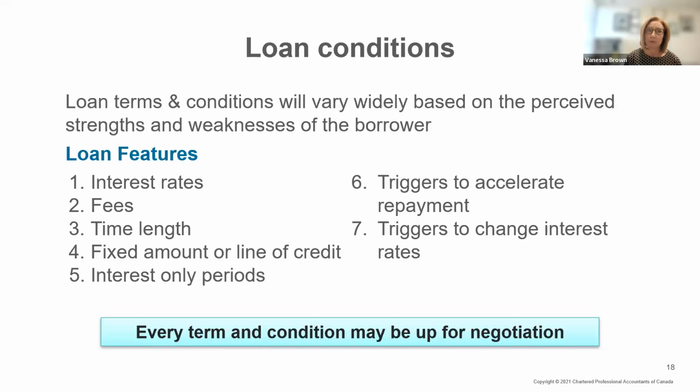Here's a few loan conditions. This is the 5th C, the different conditions that they would place on the loan. You're going to have an interest rate that you're going to pay. You will have financing fees at the upfront.